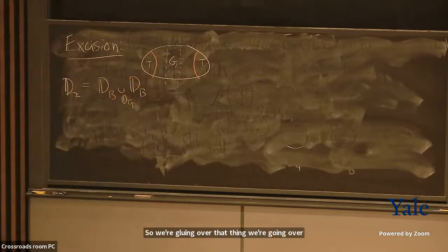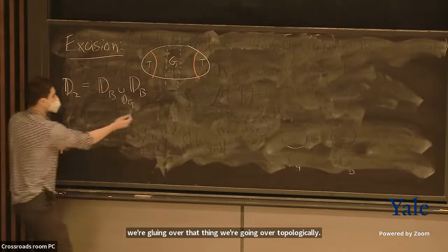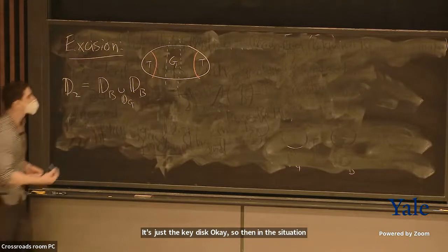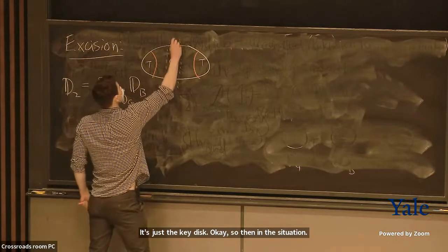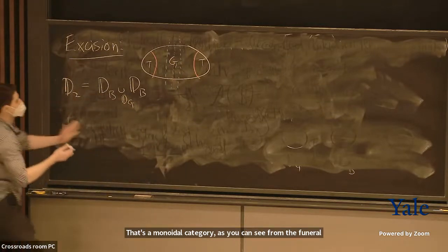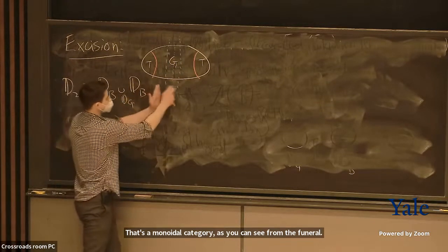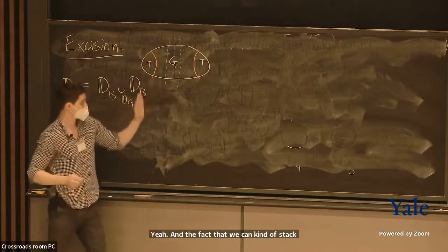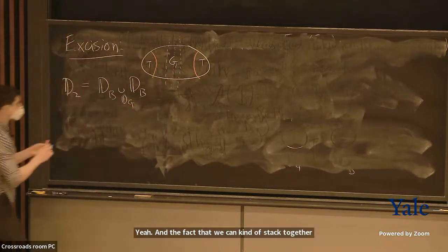Then the category associated to this cylindrical surface is a monoidal category, as you can see from functoriality and the fact that we can stack these cylindrical pieces together along the interval direction. So this is monoidal.